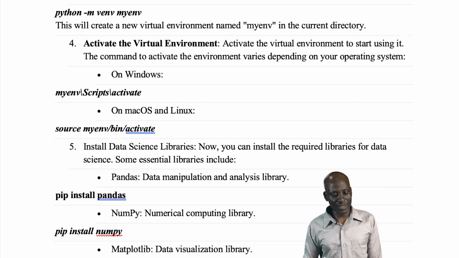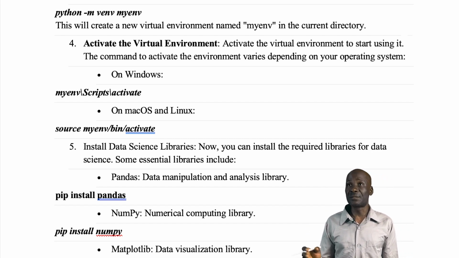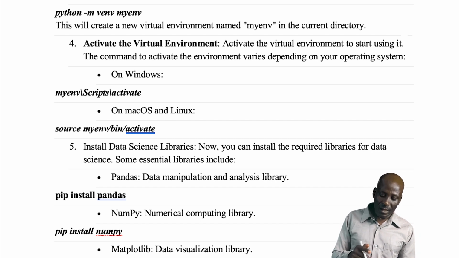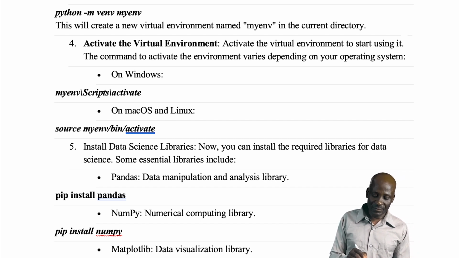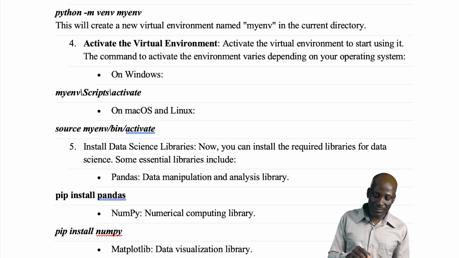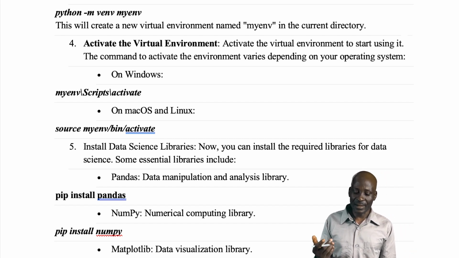Once you are able to do that, it means that you have activated that environment. By the time you activate it, it is going to show the name of the environment, telling you that the environment has been activated. From there, you can now begin to install the required libraries.